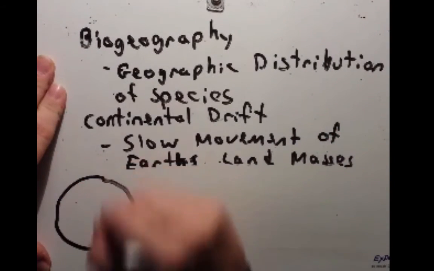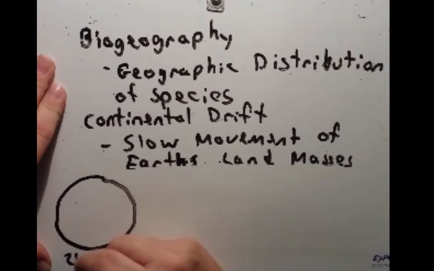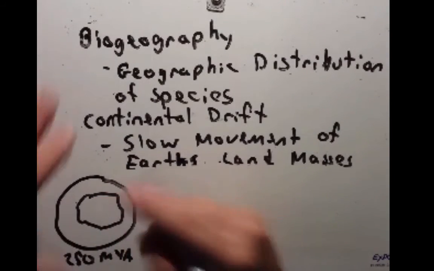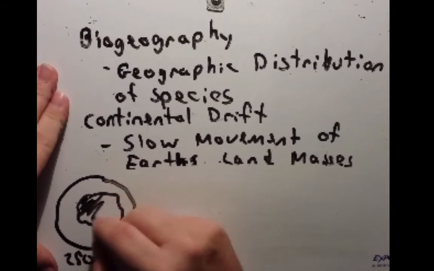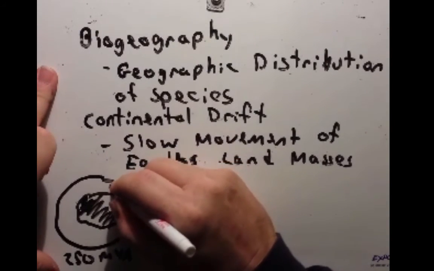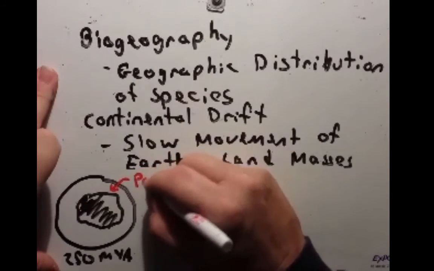Evidence supports that about 250 million years ago, there was a solid landmass formed. All the land masses collided and formed this big mass of land. And this mass of land was called Pangaea.